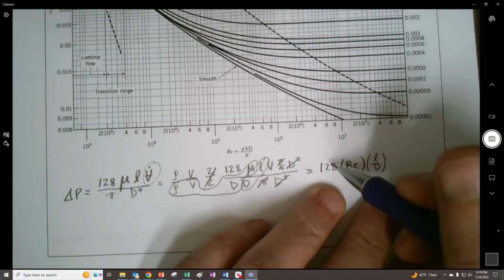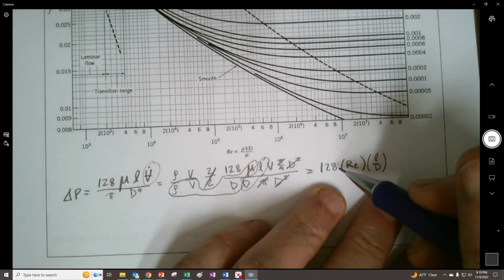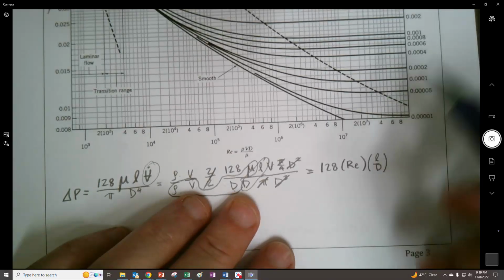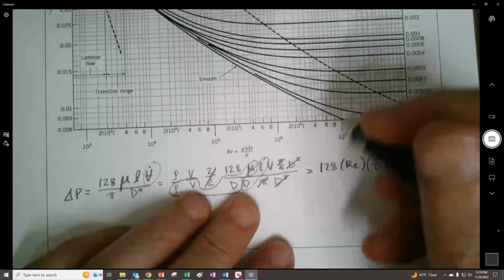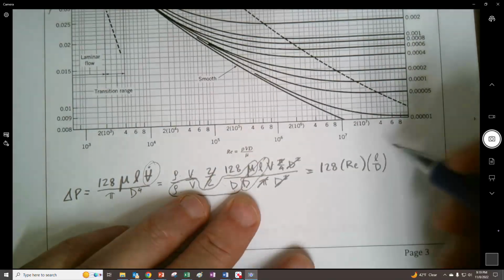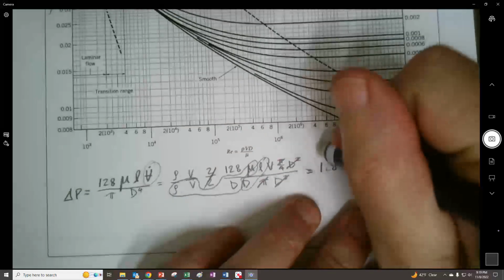No, I need to divide this by 2 somewhere. Yeah, so that's what our 2's were for. One of them is going to divide this and make it into 64.